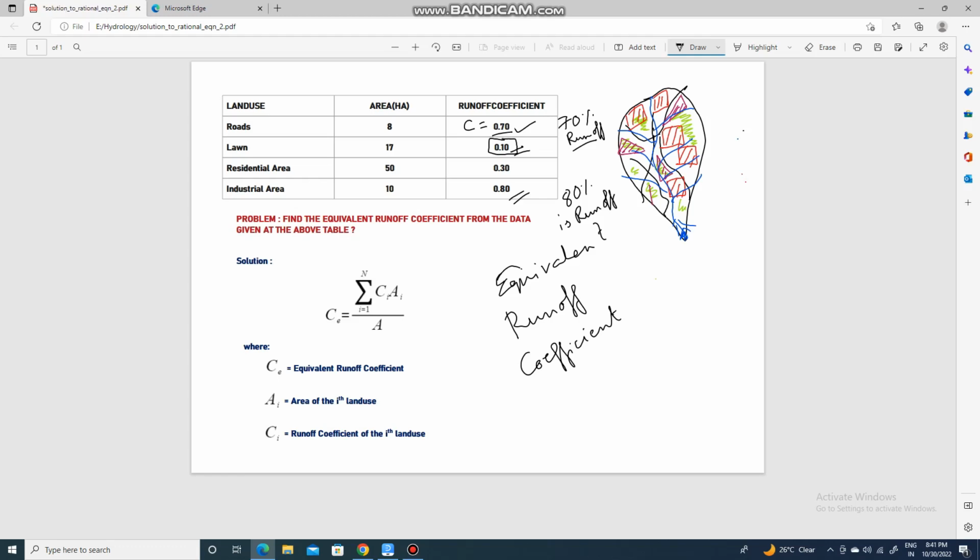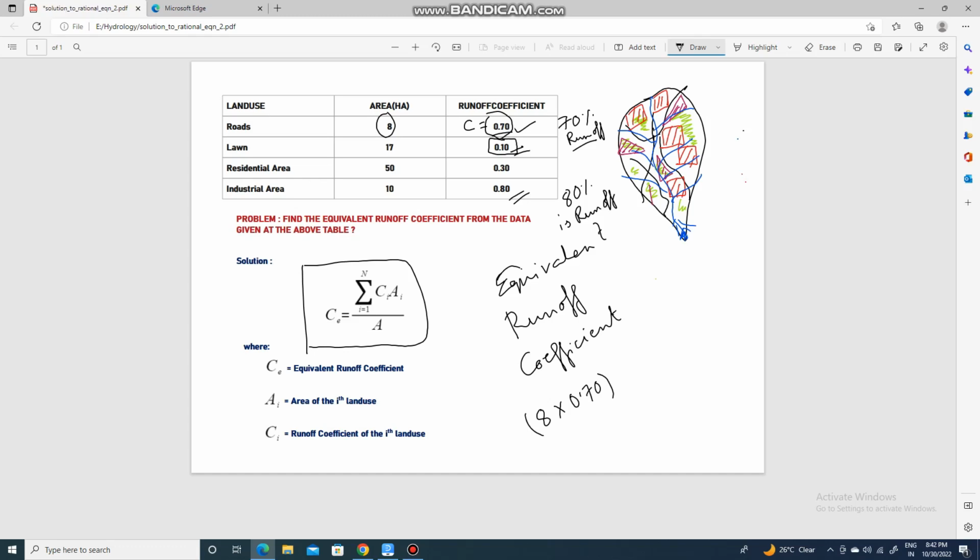The formula for finding the equivalent runoff coefficient is this, where we multiply the runoff coefficient with the area of the corresponding land. Suppose road area is 8 hectares in the watershed. The runoff coefficient of road area is 0.70, right?